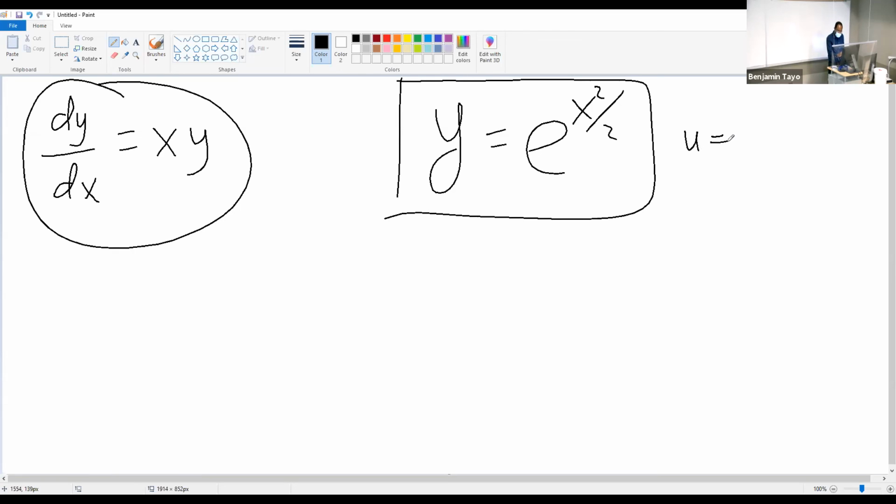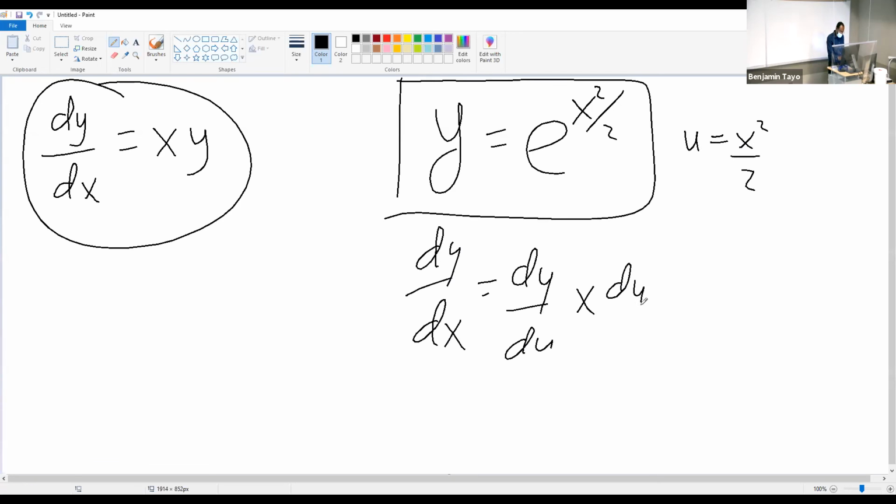You say let u be equals to x squared over 2. Then dy by dx is equals to dy by du times du by dx, right? Now, what is dy by du? dy by du is just d by du of e to the power u, which is the same as e to the power u, because the derivative of e to the power x is the same as e to the power x.